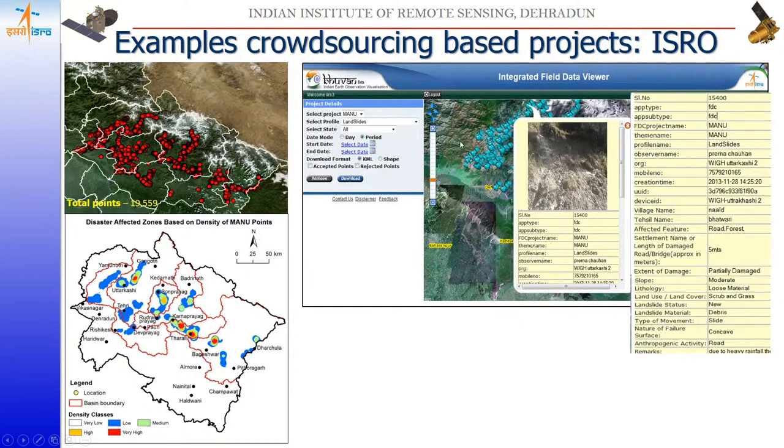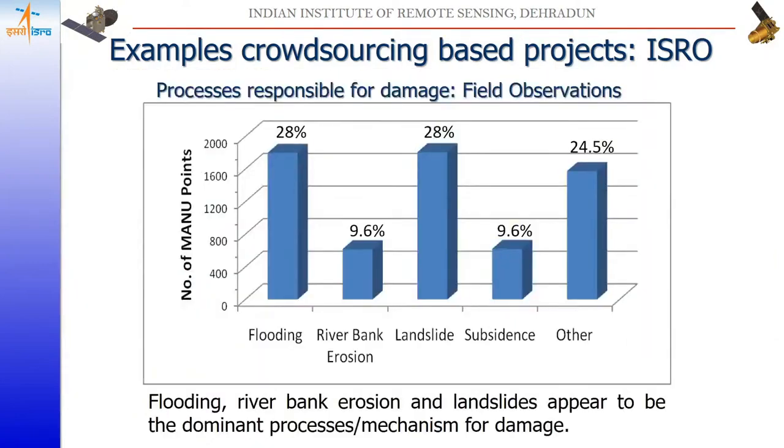There you can visualize these data sets, and we were able to do some analysis on top of it, identifying what the causes were that led to that huge disaster and what further hazard it poses for the particular area. This was one small analysis example from that crowdsourcing data.